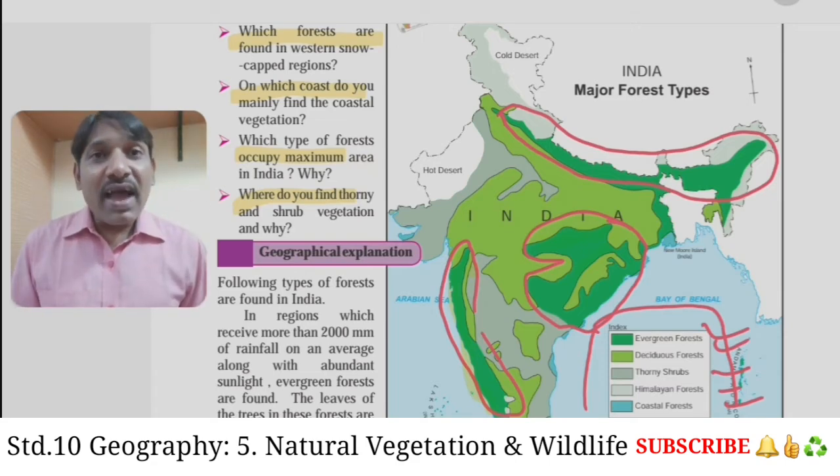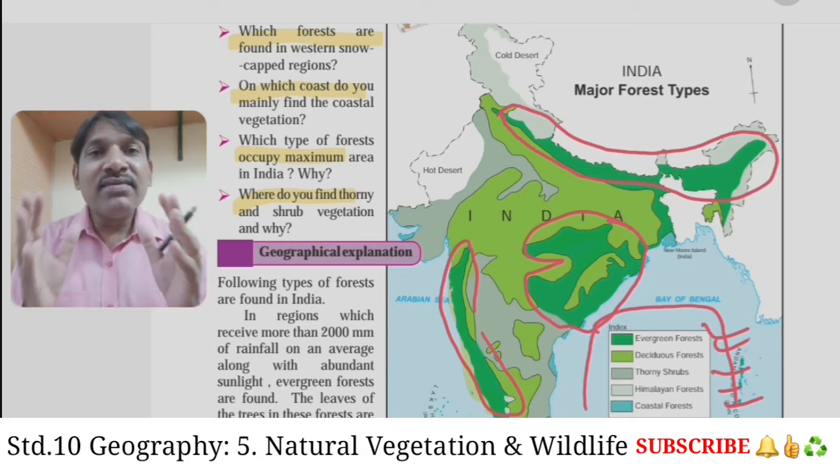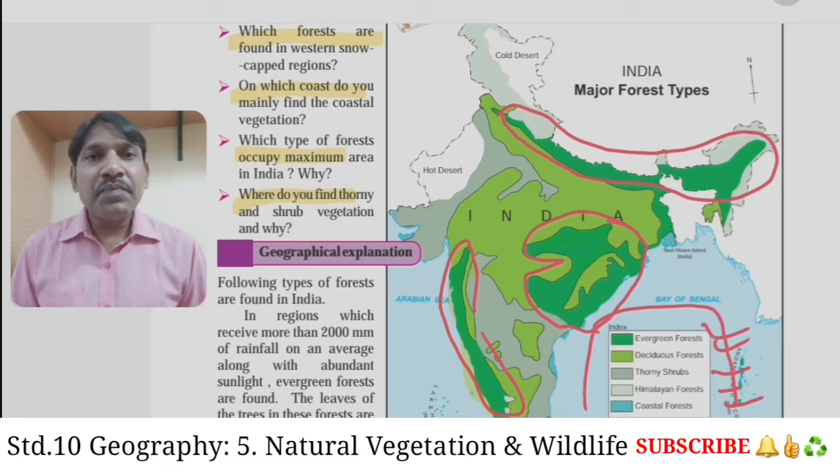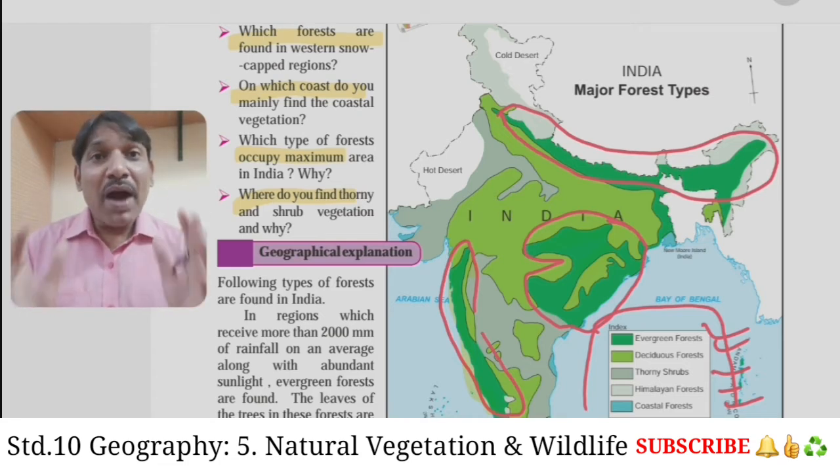Students, in dry season trees shed their leaves so that water is not lost due to evaporation. In this deciduous forest in India, trees like teak, bamboo, banyan, peepal are found. Okay, students, have you understood? Do not forget what kind of trees are found in the deciduous forest.